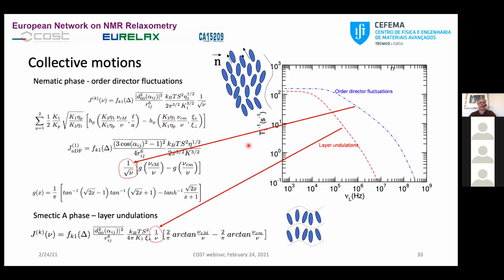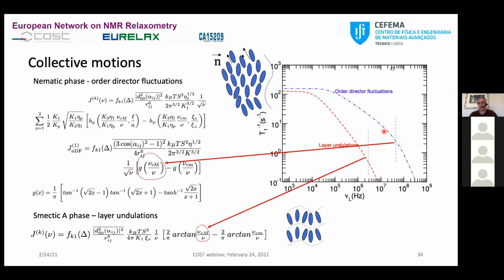Anyway, if we look at the dispersion as it will be seen in our usual representation of relaxation rate as a function of frequency, we see the two types of dispersions. Layer undulations have a slope which, in this log-log scale, has an exponent of -1, so it's a straight line going down. And the other one has an exponent of -1/2.